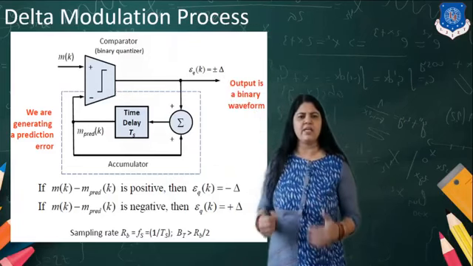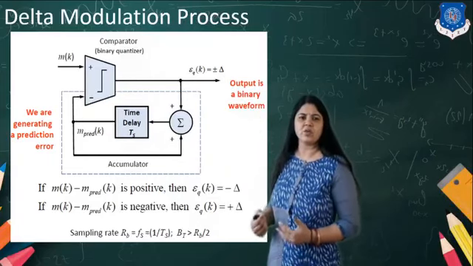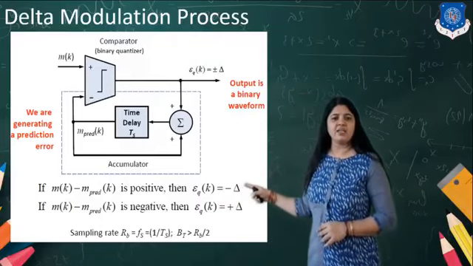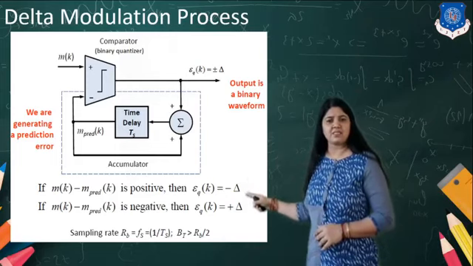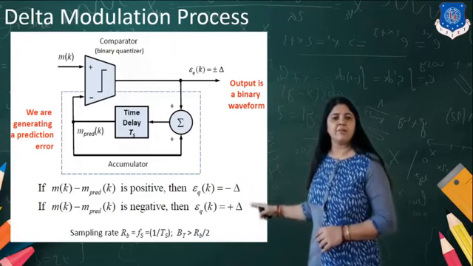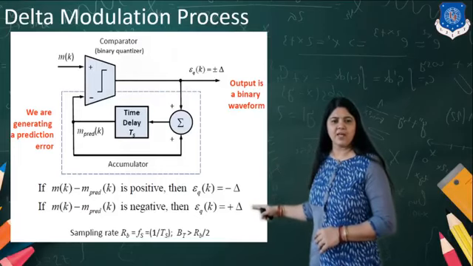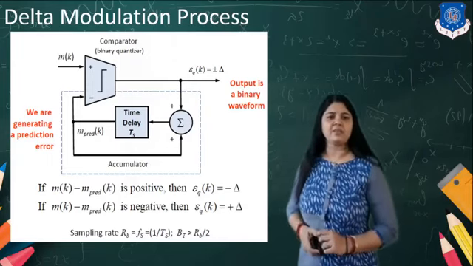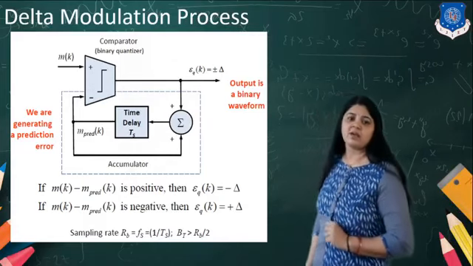The accumulator output will always be generating that kind of pulse. So we can say that if m(k) minus m predict of k is positive, then e_q(k) is the plus delta, and if m(k) minus m predict of k is negative, then e_q(k) is the minus delta. The sampling rate R_b is equal to f_s, which is equal to 1 by T_s.